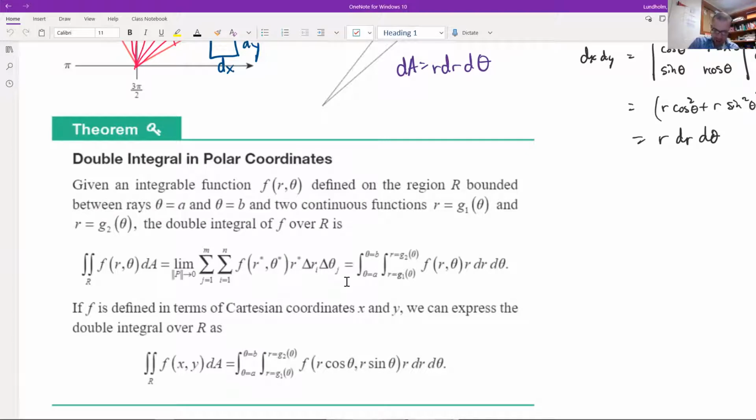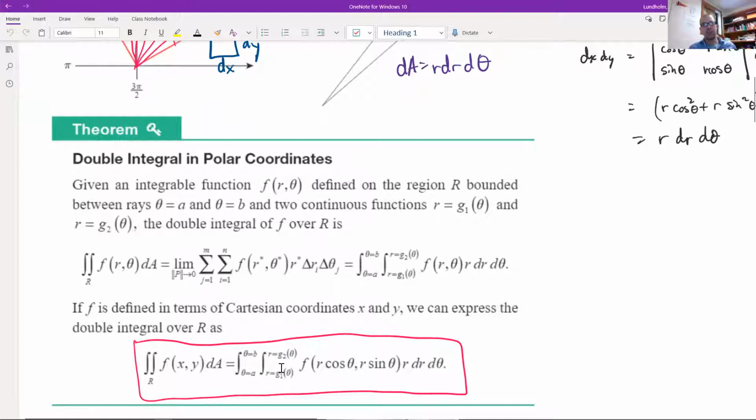This is written out in maybe longer than what I would normally think to do, but it's a nice form used if you are given a function in terms of x and y, and you want to translate it into a function in polar coordinates, because x turns into r cosine theta, y turns into r sine theta, your area differential changes in accordance, and then you've got your boundaries on the double integral.